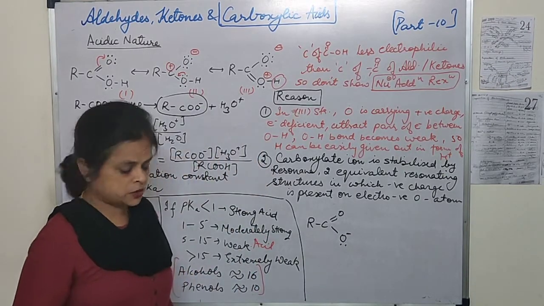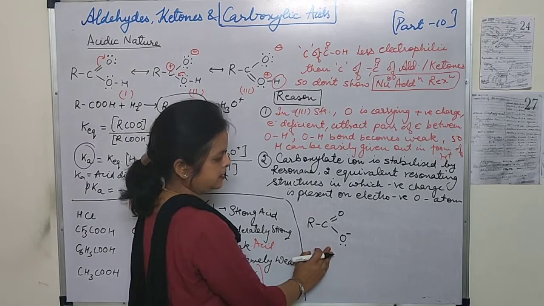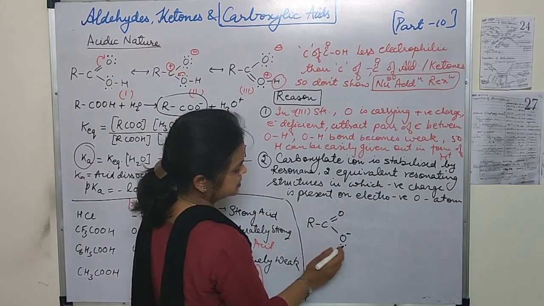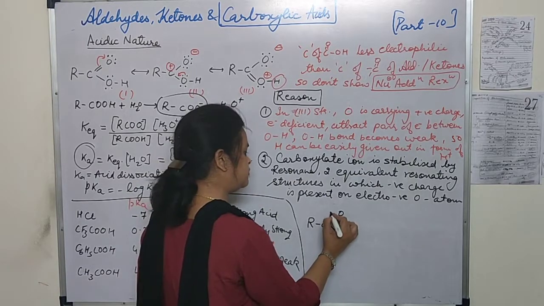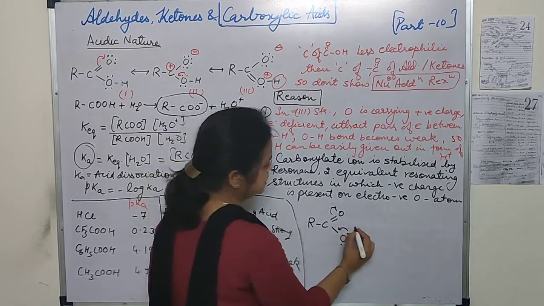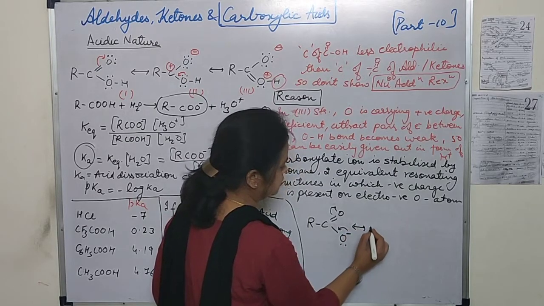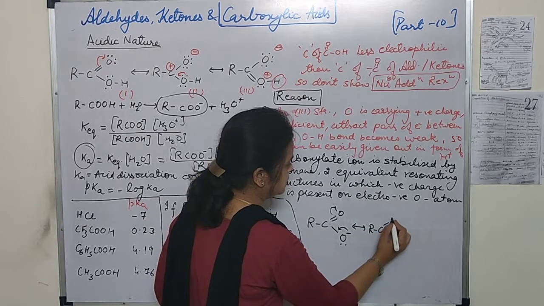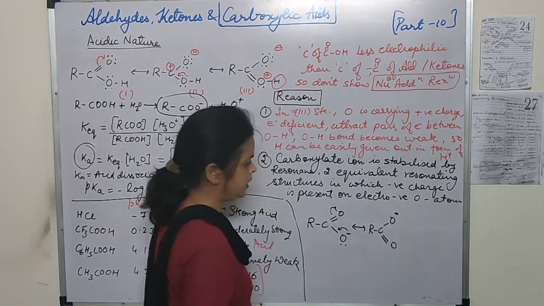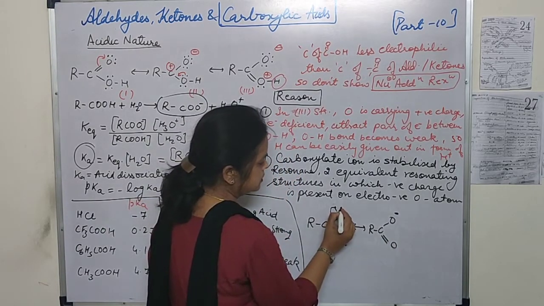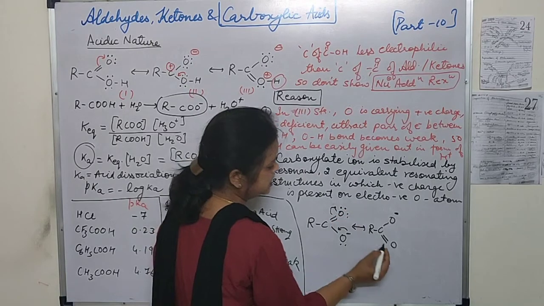This is the carboxylate ion. Now if in this carboxylate ion the negative charge shifts over here, this double bond will shift over here. So the next resulting structure you can draw: RCOO negative, and here a double bond will come. In this way you can show the shifting of the electrons.